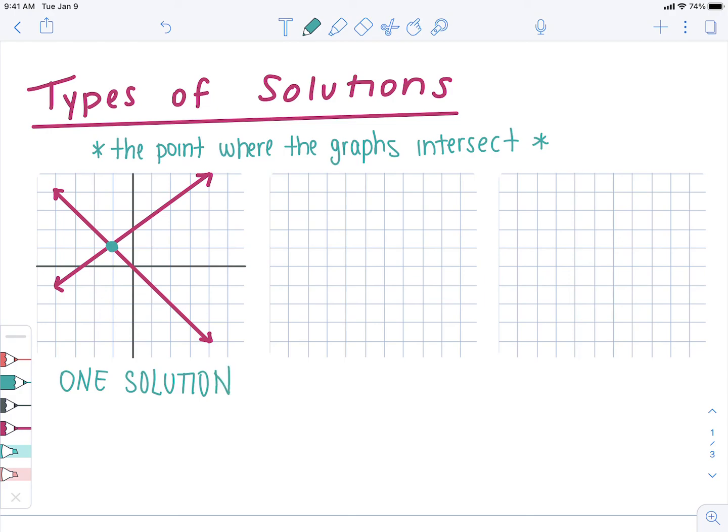And I would say that the solution, which is right there, is at negative 1, 1, because I went from the origin, back 1 and then up 1 in order to get that point. So negative 1, 1. One solution, right where they intersect each other.